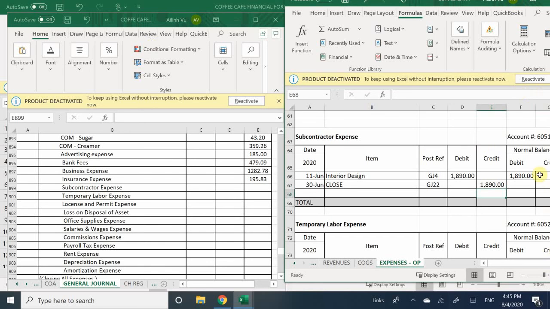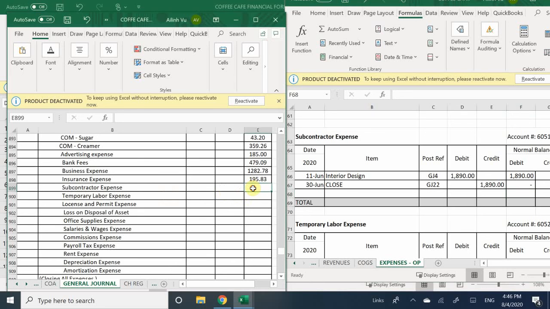And of course, this should be 0. Okay, 0 is the final number here, so I am crediting it for 1890.